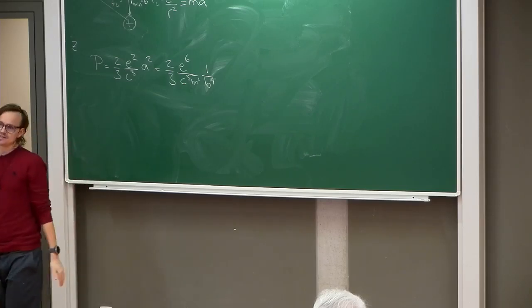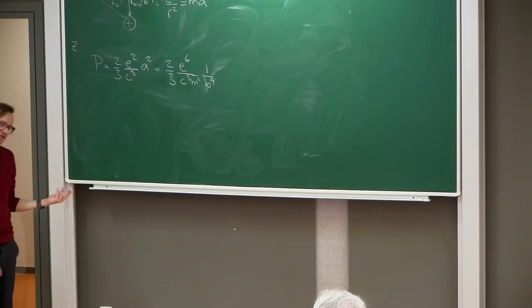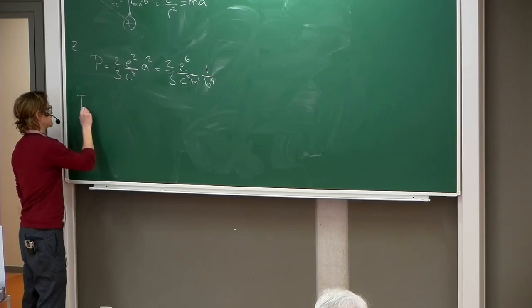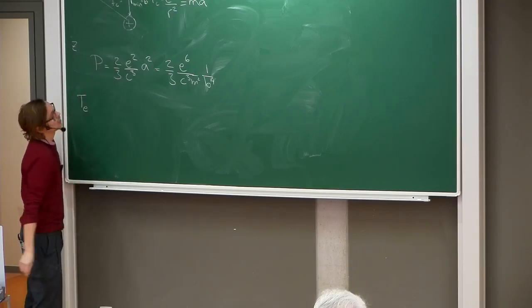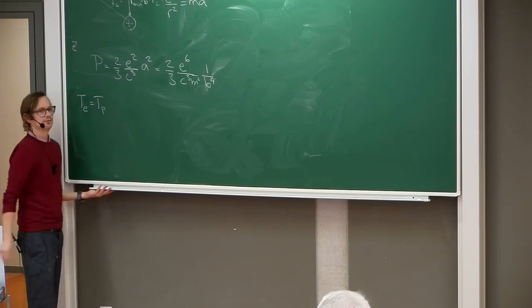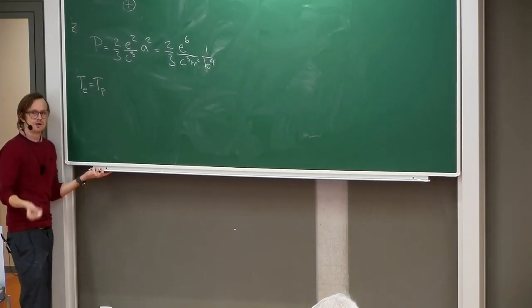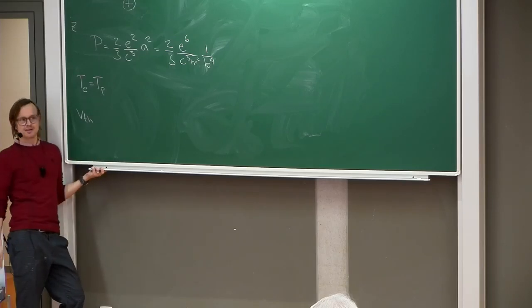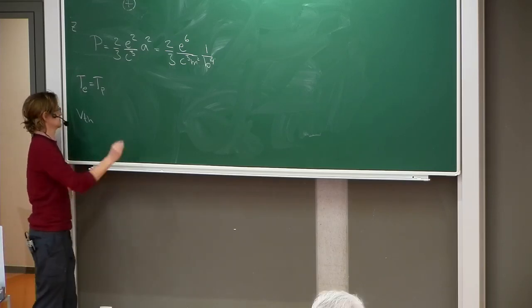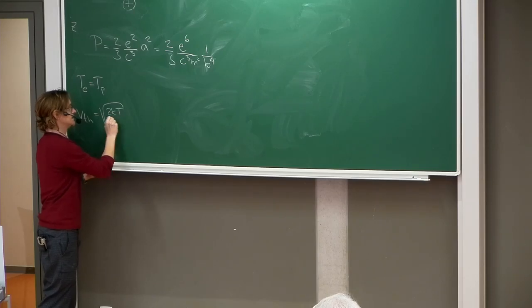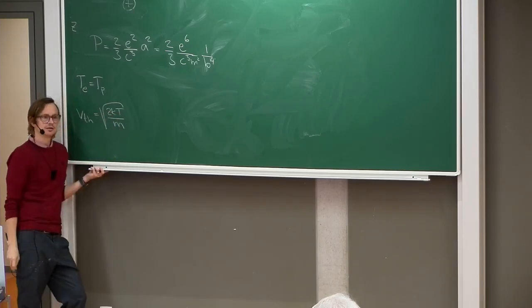And this is reasonable if we assume a thermal situation such that the temperature of the electrons is equal to the temperature of the protons. Okay? So if we have a thermal plasma, remember that our thermal speed was defined as the square root of 2kT divided by the mass of the particle.